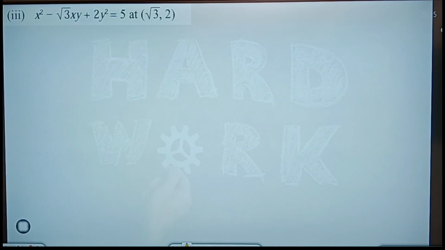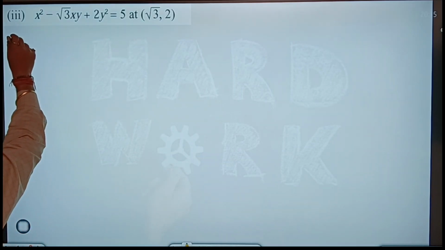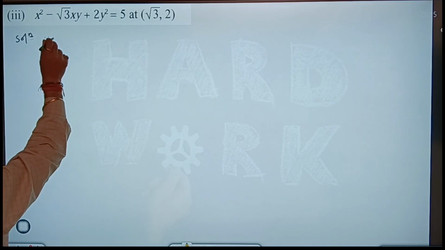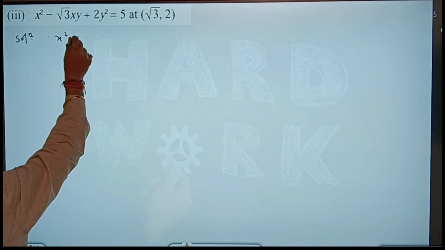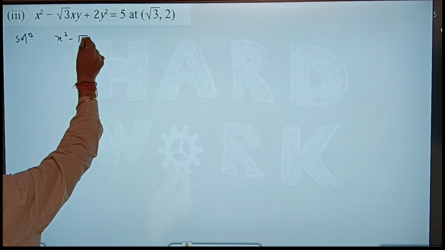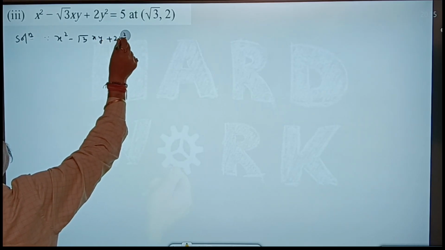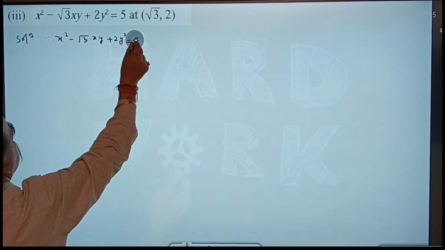Next is x square minus root 3 xy plus 2y square is equal to 5.